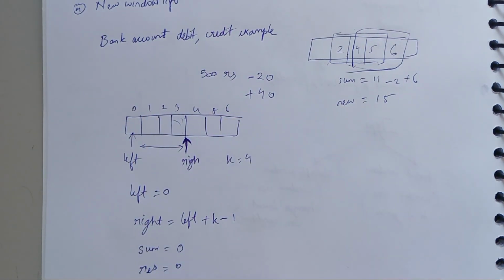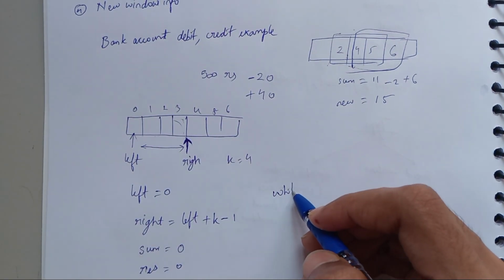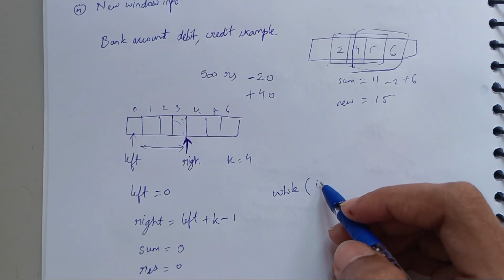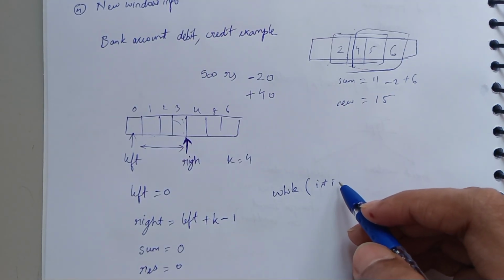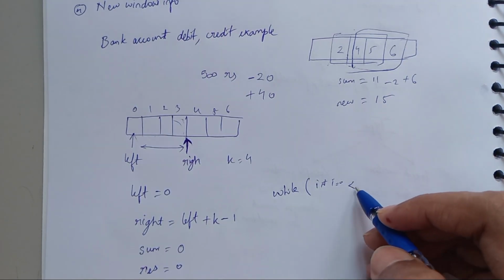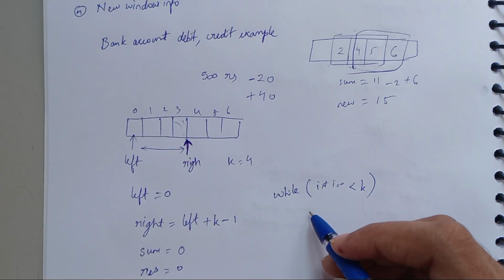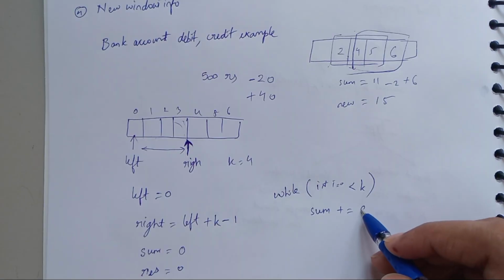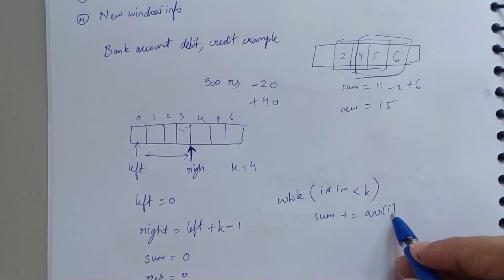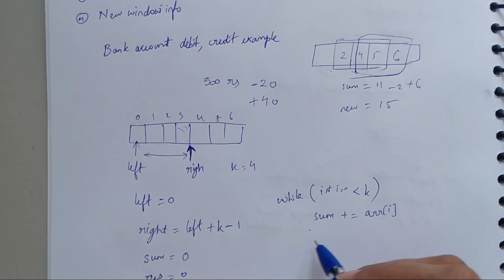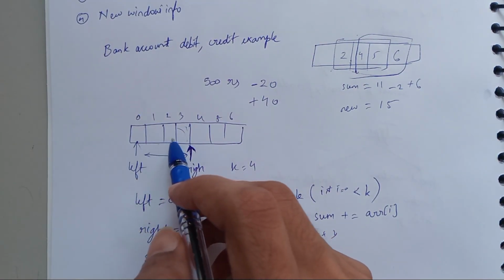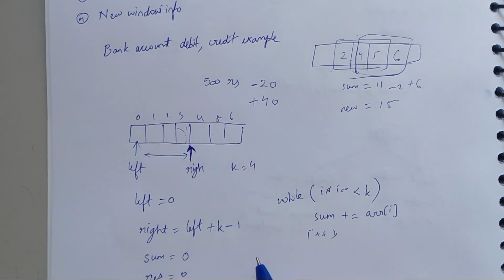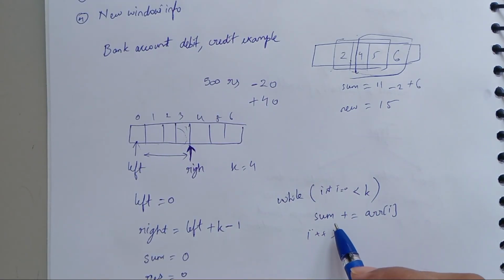So we just run a loop, while int i, which is initially 0, is less than k, we sum up all the array elements. So we'll get the sum of all these elements. Now we store it in this sum.